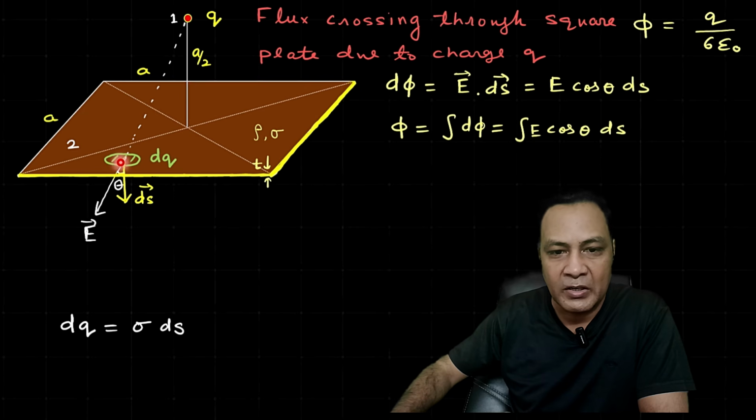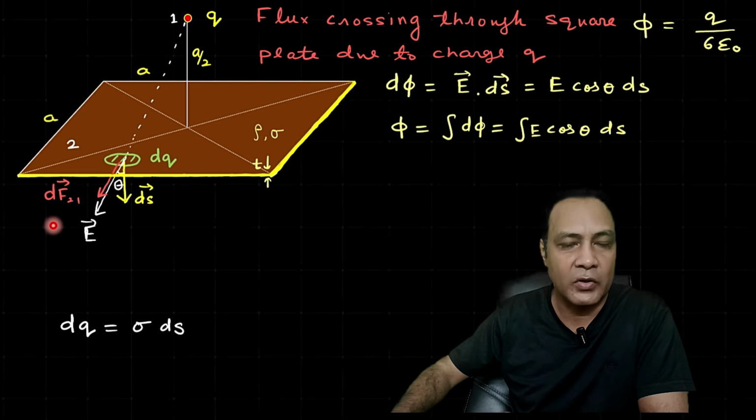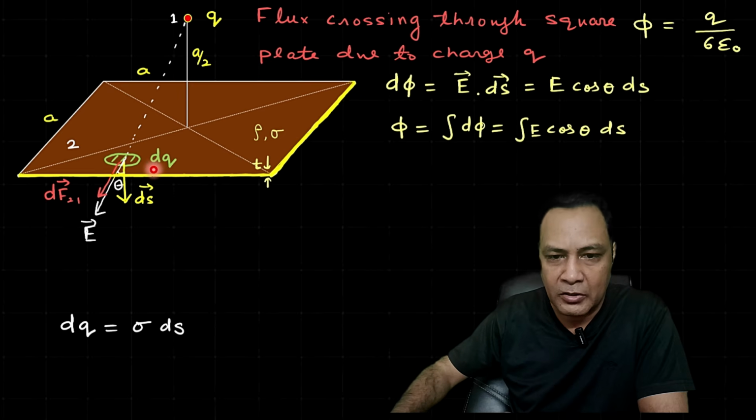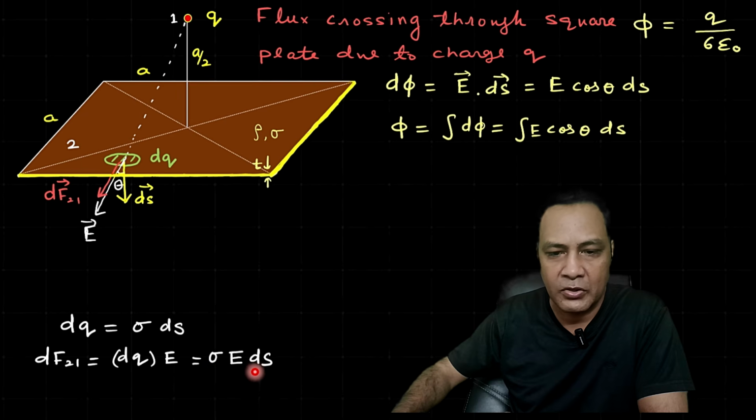That force is, say, df, and because this is due to plate 1 on plate 2, I will call it df21. The force on this little charge dq, with electric field E and charge dq, gives df21 equal to dq into the local electric field E, and writing dq as sigma into ds, that is sigma E ds.